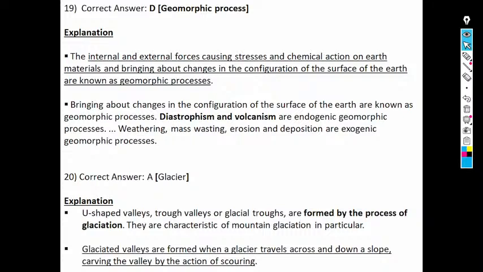Diastrophism and volcanism are the main endogenic or geomorphic processes. Weathering, mass wasting, erosion and deposition are exogenic geomorphic processes. Next.